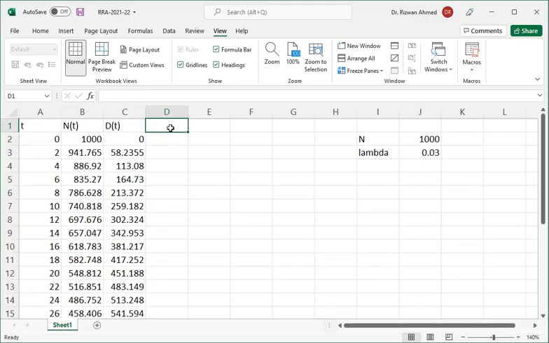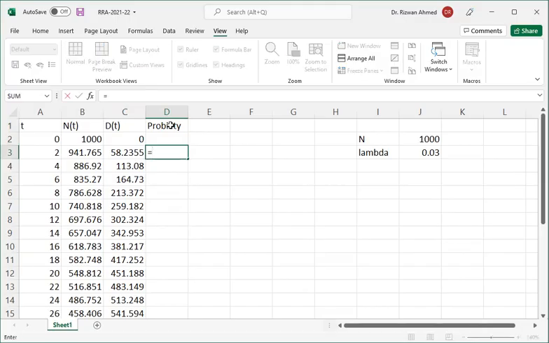Now, let me define a quantity which is like probability. So probability, of course, I require two values. So number of nuclides that have decayed. So these are very much the daughter nuclide quantity, right?